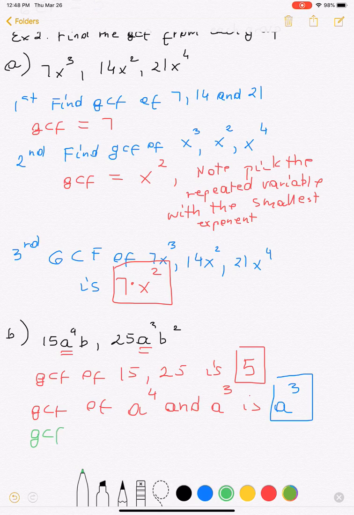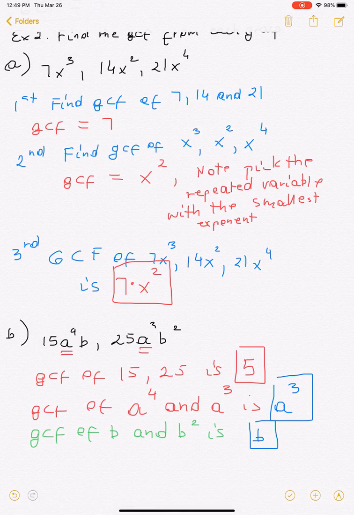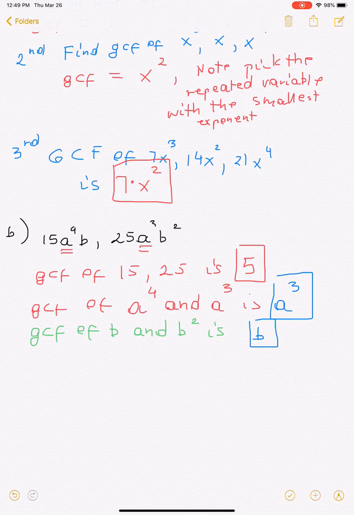And GCF of b. I'm organizing them: integers, then I pick a, then I'm working with b's. And b squared is b. Again, you pick the variable with the smallest exponent. And now you're going to rewrite all of it together.